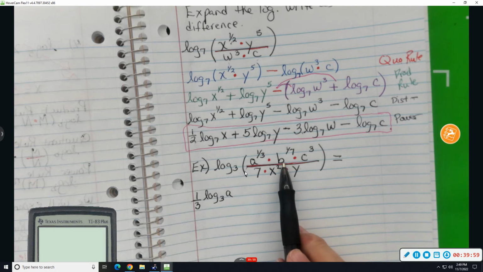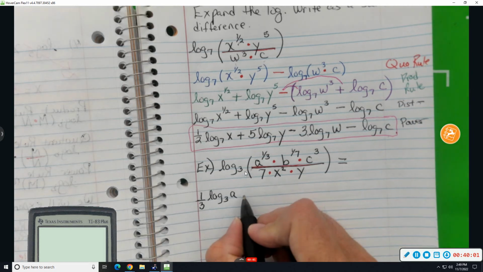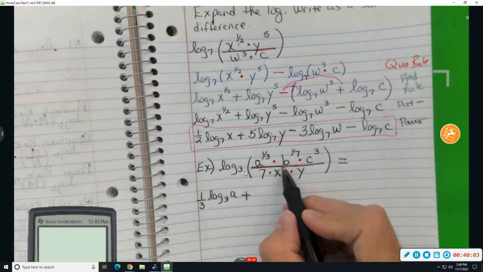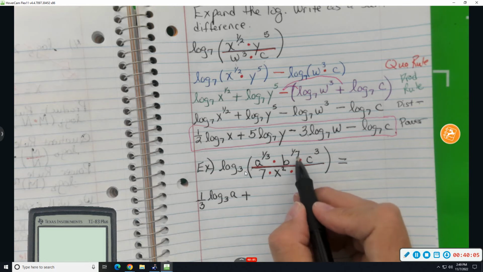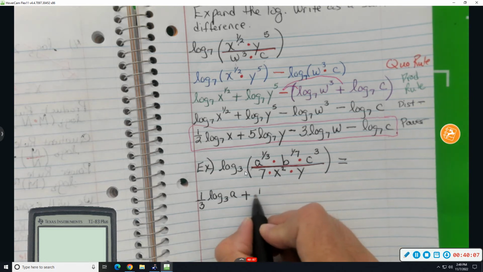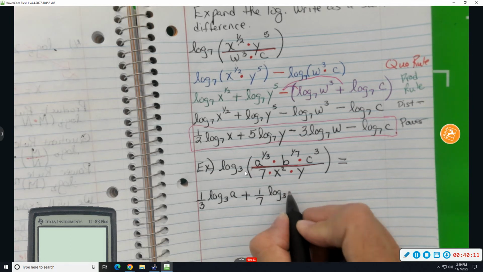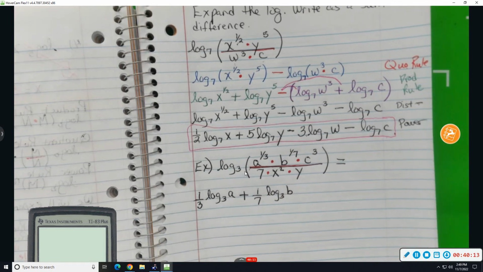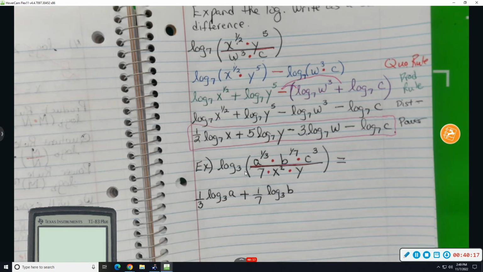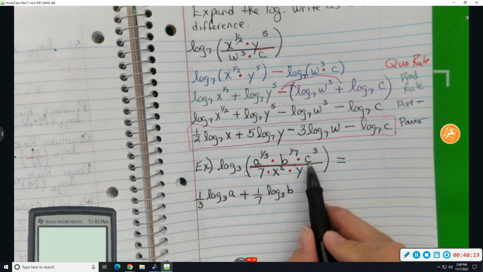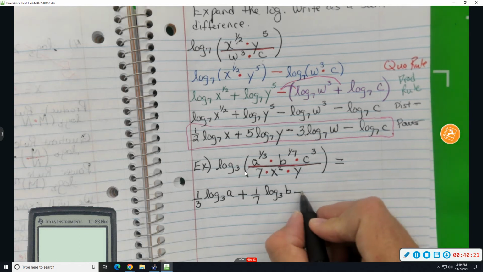Now I'm going to move over to the B, and I'm going to put a plus, because that B is on top. I put the exponent first. Log base 3 of b. Do y'all want to help me out with the next one? Plus or minus? I'm doing the c now. Plus.